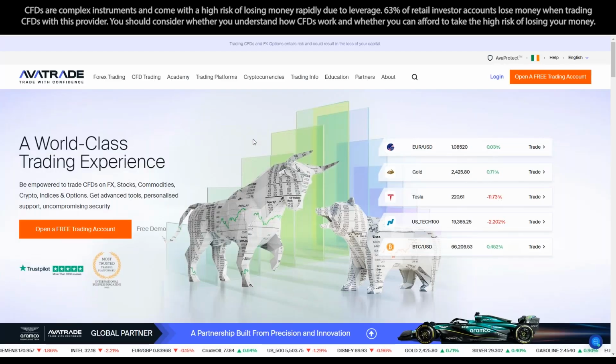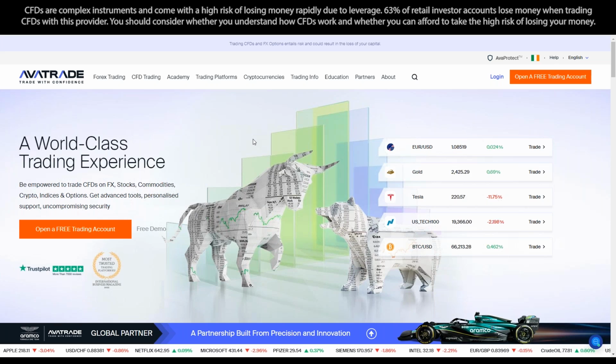Now, from our main website, we can access our WebTrader platform, which allows you to utilize all of the special tools, the risk management tools, as well as technical analysis and fundamental analysis tools that we offer, while trading on both MT4 and MT5 accounts from our WebTrader.